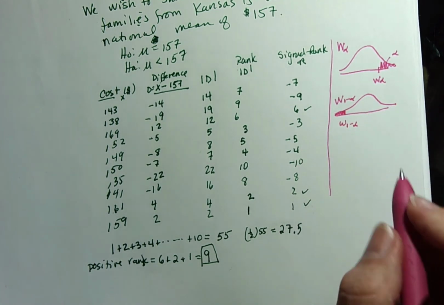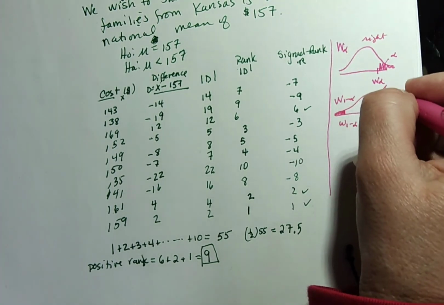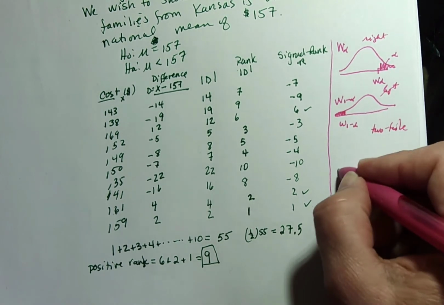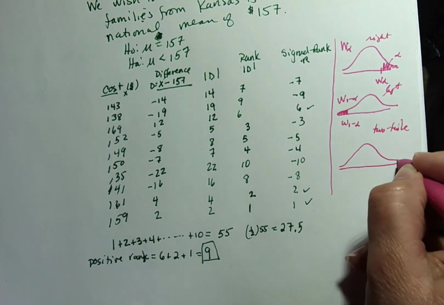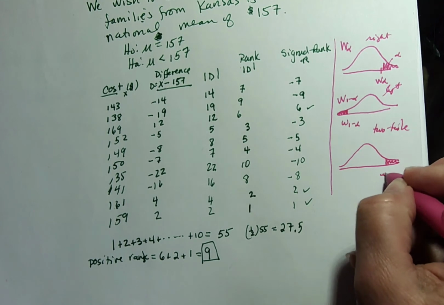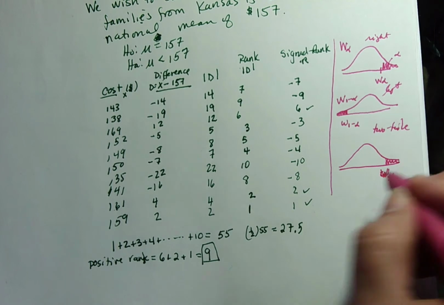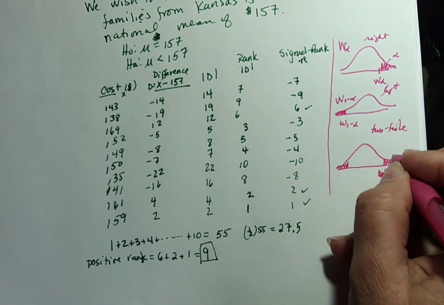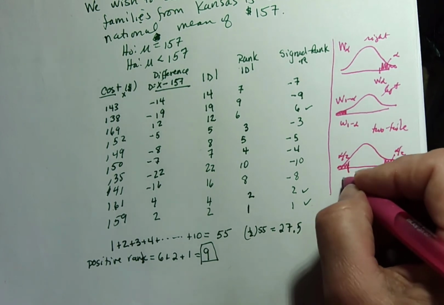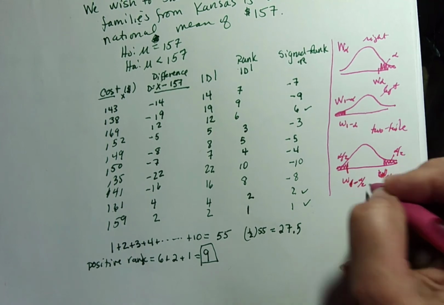And then for our two-tailed, so this is right, this is left, and this is two-tailed, of course, we're going to be looking for W of alpha over 2. And because this is alpha over 2, that's alpha over 2, 1 minus your alpha over 2.